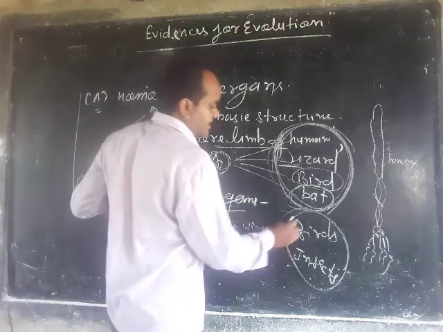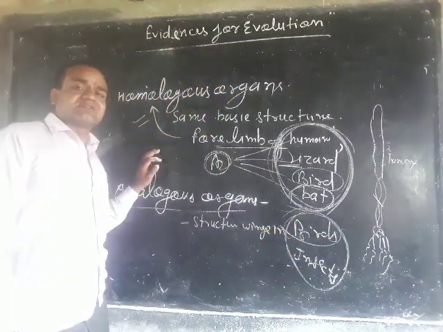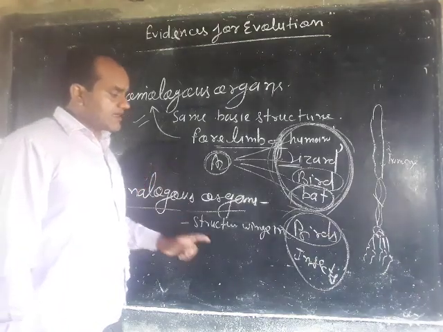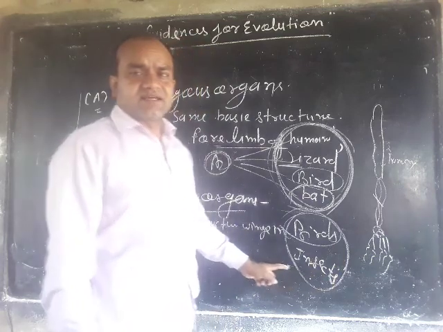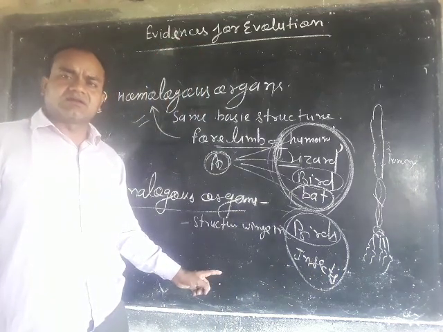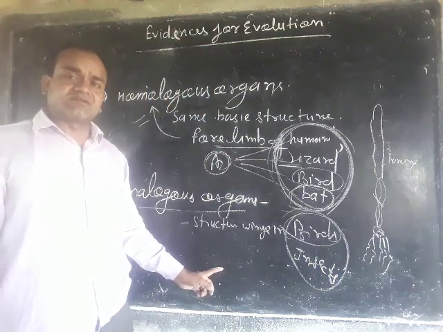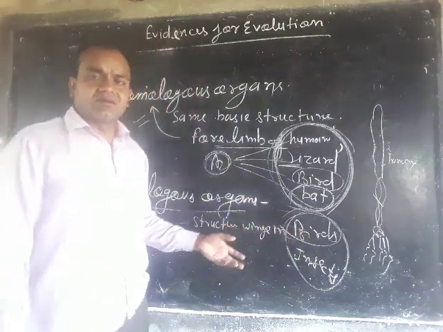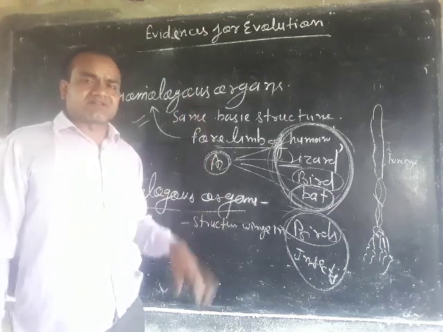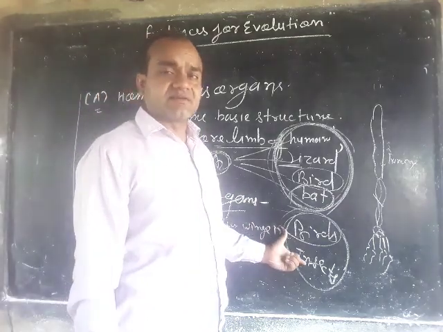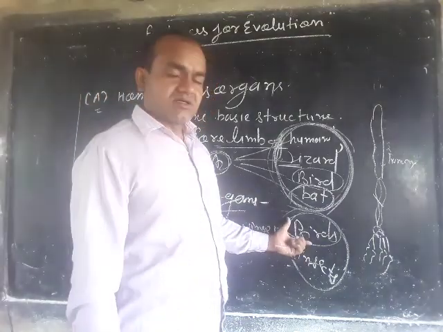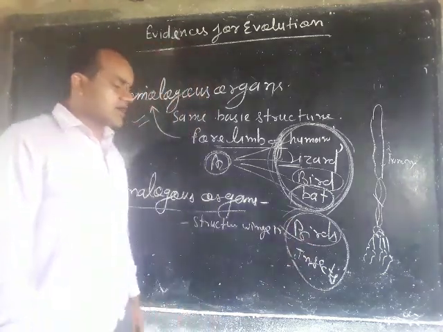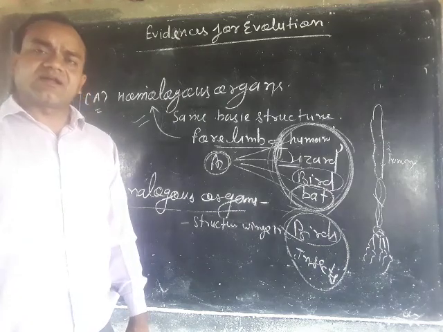In birds, the wings contain bones, whereas insects are non-chordate and bone is absent. Their structure and shape differ, but they have a common function, which is flying. Birds use their wings for flying, and insects also use their wings for flying.